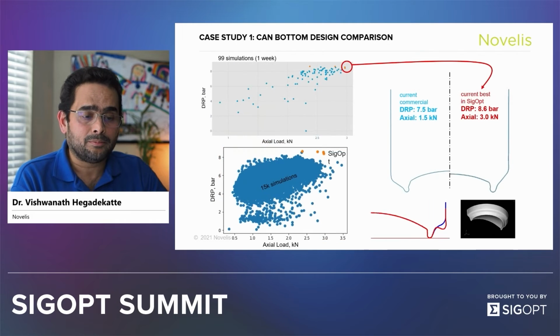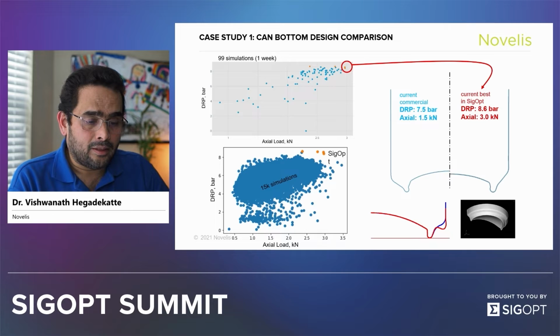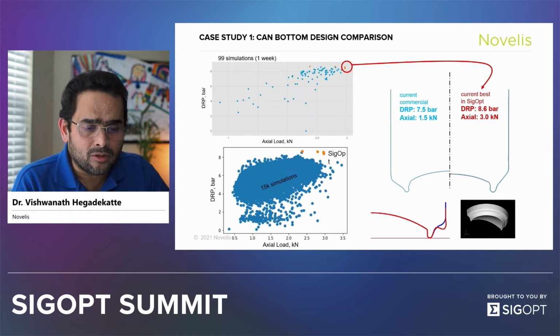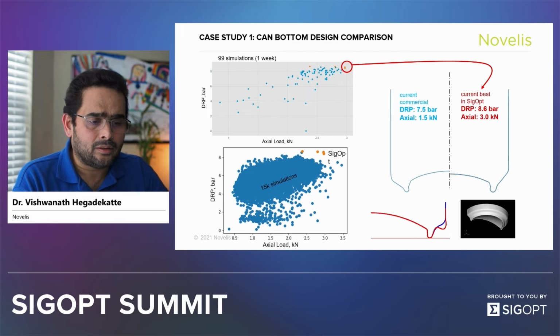and that's where we started using SigOpt. Here is an example where we ran a grid search of 15,000 simulations, and the highest dome reversal pressure that you see, this is in bars now, was somewhat like 8 point odd bar, or it's actually around 7.5.